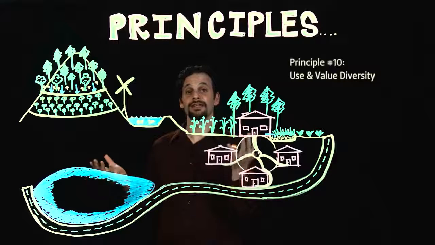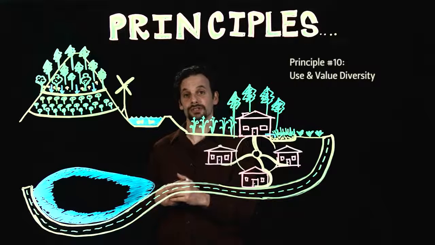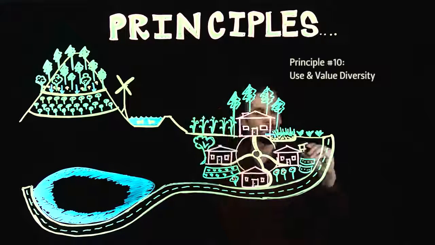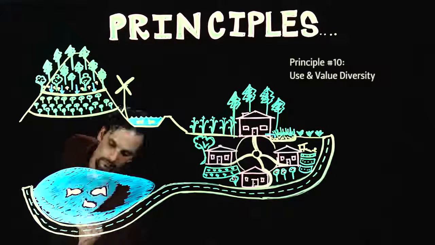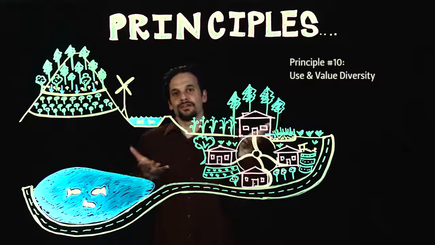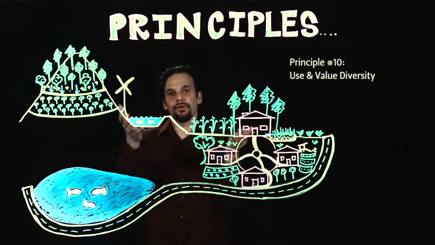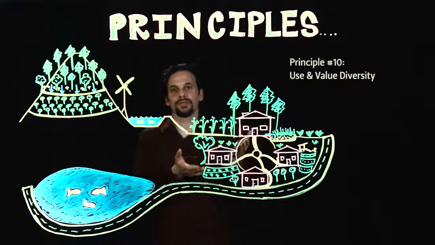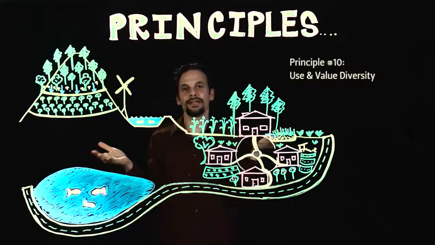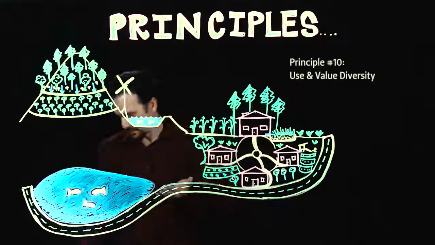Principle 10 is use and value diversity. You can see we've got housing, gardens, wind power, water storage, composting, gray water, forestry, orchards, and now I've added in rotational grazing of animals.